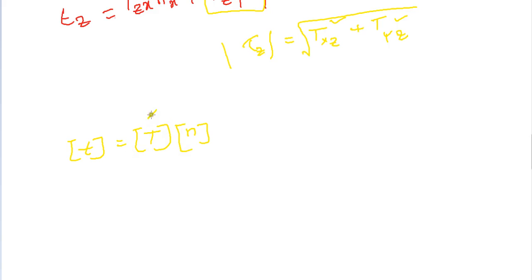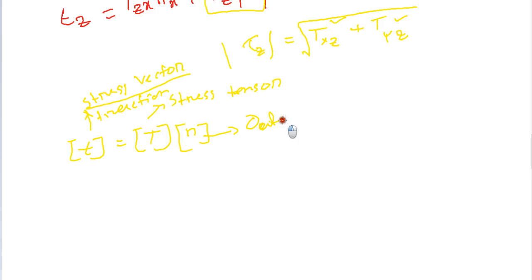So this is the stress tensor, and this is the stress vector or traction stress vector, and this is the outward normal vector, something like that.